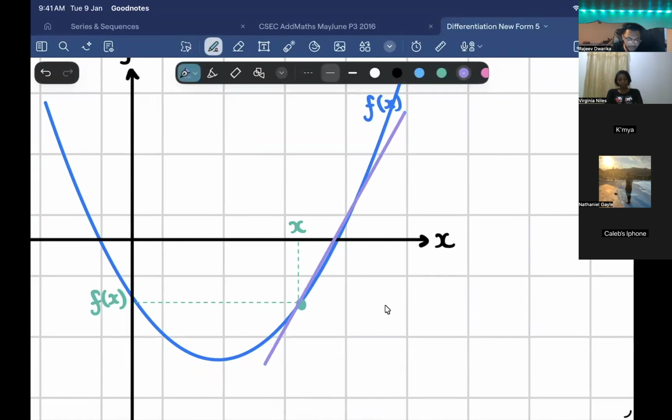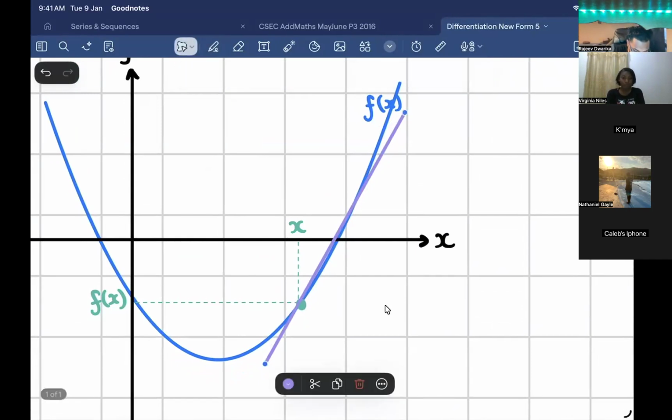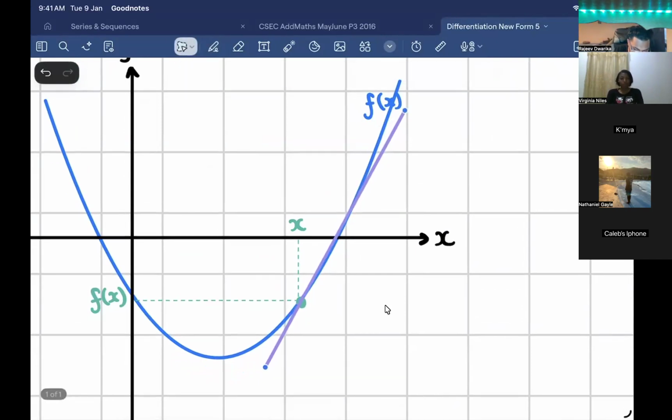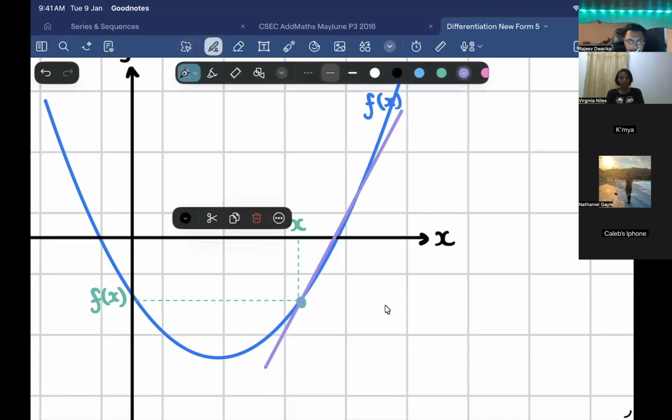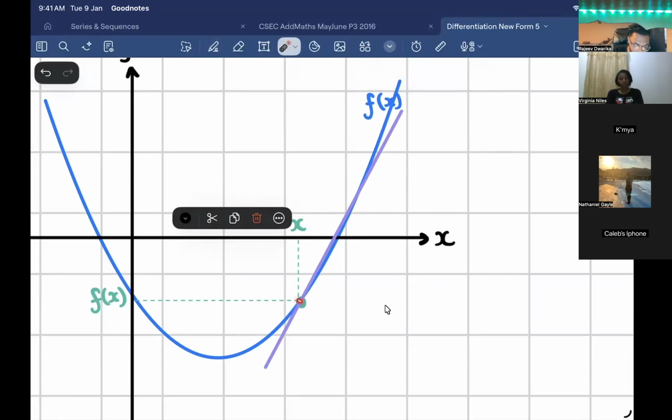Okay, let's just say for instance that you draw this random line here. Still with me, right? Let me just say I drew that purple line over there. Will that purple line be the actual gradient at the point over here?